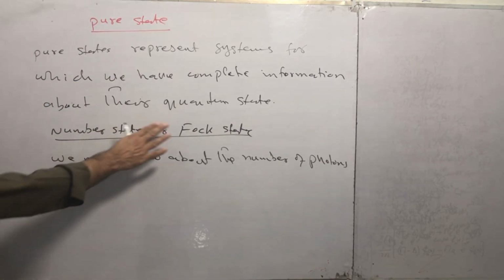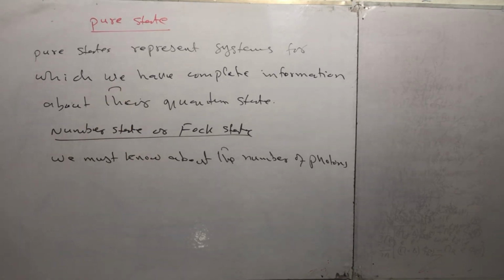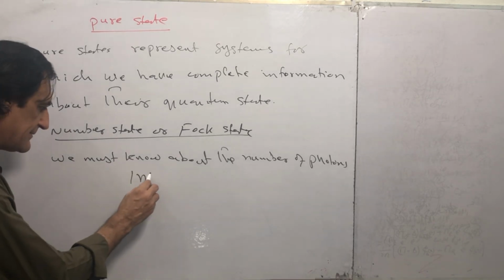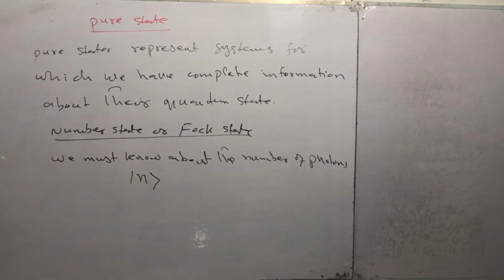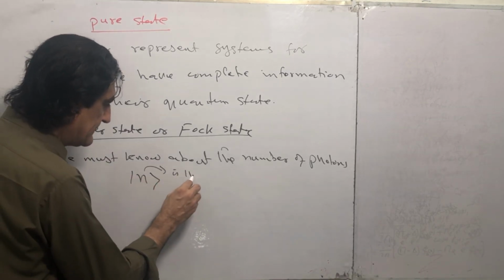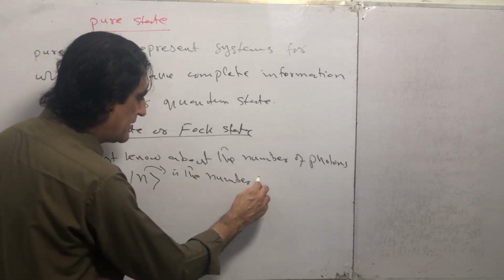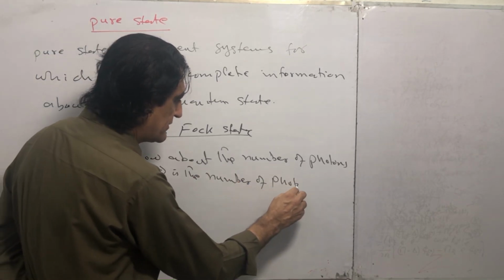For a number state or Fock state, we must know the number of photons. This can be described by the state n, where n is the number of photons.